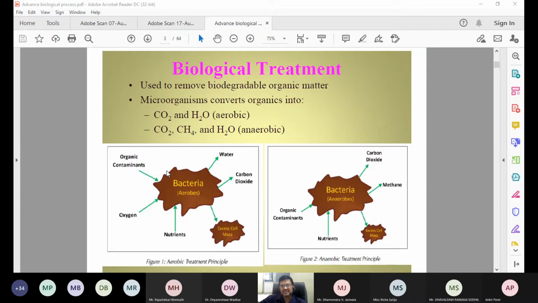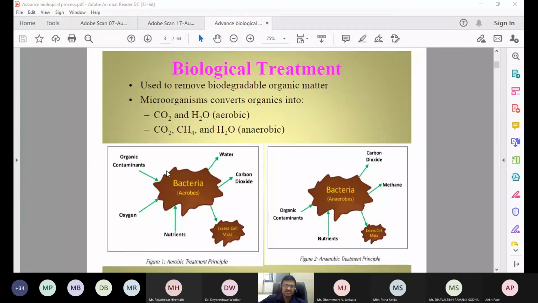The bacteria start degrading it. The organic matter that is released with the wastewater, the bacteria degrade it. Normally in the river or ocean, dissolved oxygen is there.